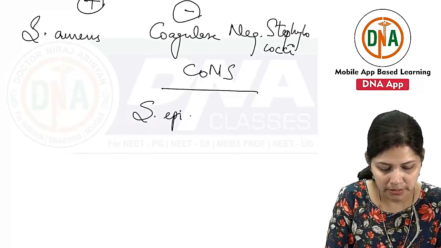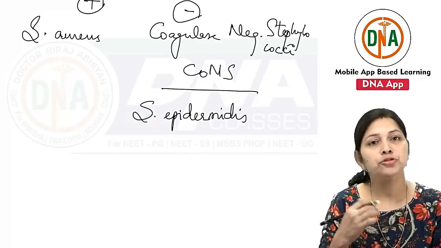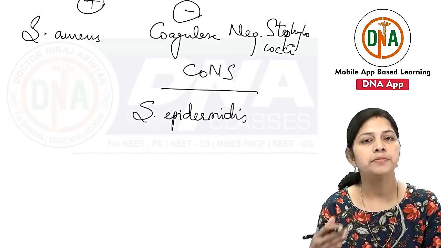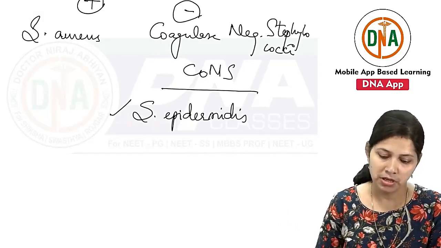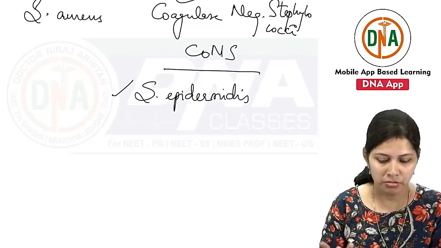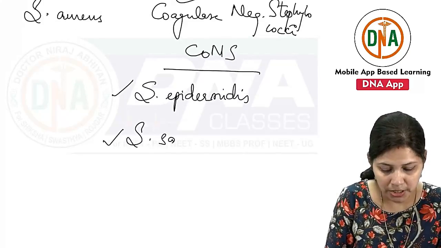Okay, so the whole group is placed under the coagulase negative staphylococci, and the important bacteria in this group is Staphylococcus epidermidis, and it is usually present over our skin as a part of normal flora, but it can also cause infections if there are conditions. Okay, or other bacteria is Staphylococcus saprophyticus.